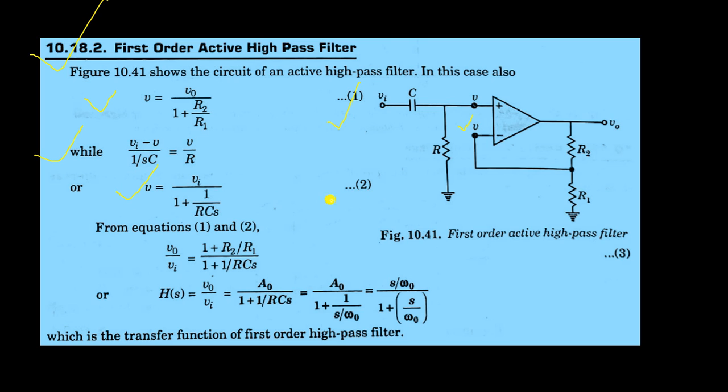So V = Vinput/(1 + 1/RCS). From equations 1 and 2, V output/V input = (1 + R2/R1)/(1 + 1/RCS). So the transfer function V output/V input = A0/(1 + 1/RCS) = A0/(1 + omega0/S), or equals (S/omega0)/(1 + S/omega0), which is the transfer function of first order high pass filter. Now going to the next slide.